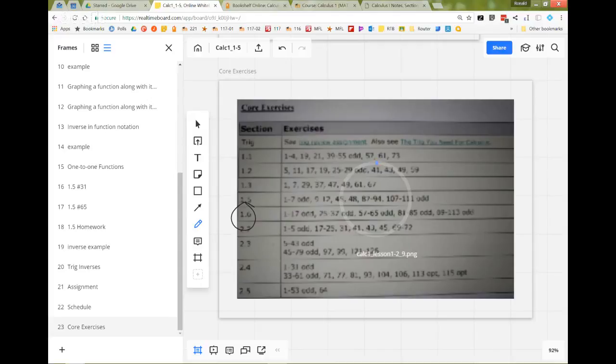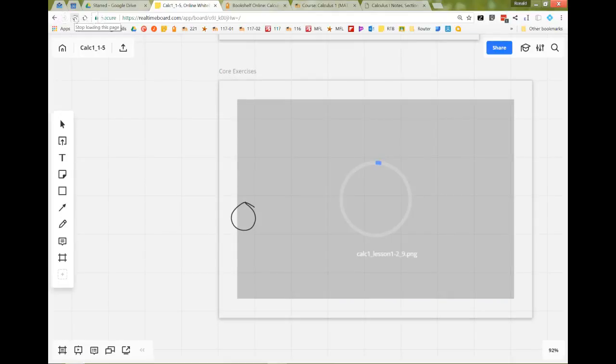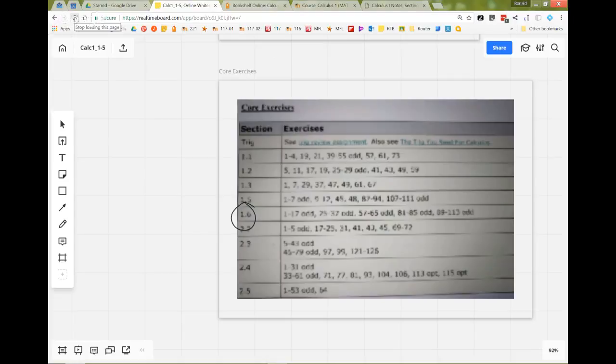Well, anyway, the 1-6 assignment is right there. It's not real clear, but you should be able to see it. It hasn't come back in yet. My apologies. Let me try reloading, see if that does it for you. But it's of course on your website. There we go. So the 1-6 assignment, you can see it there.